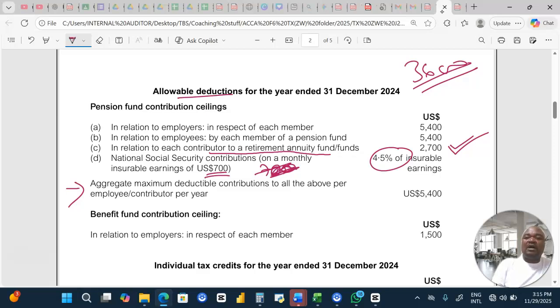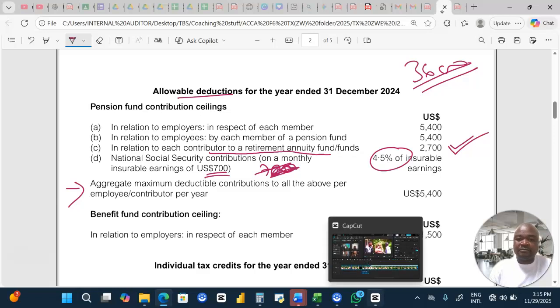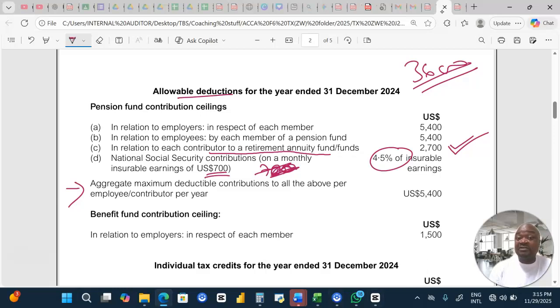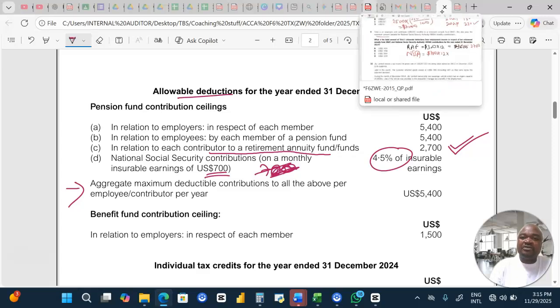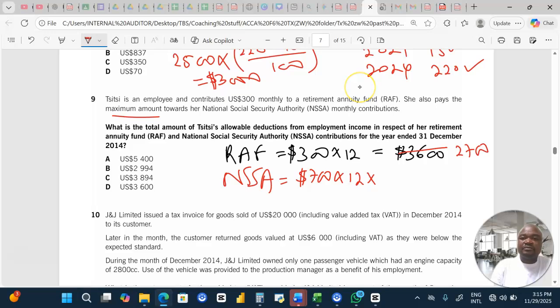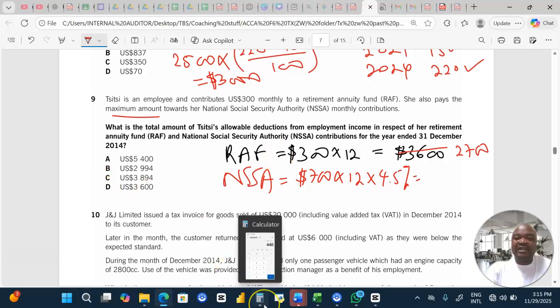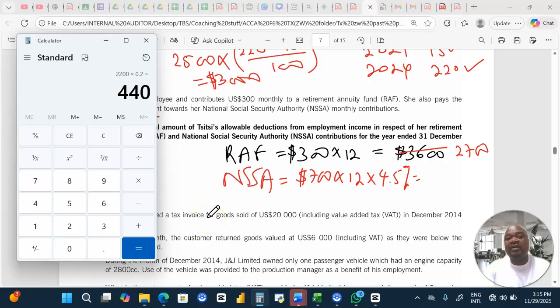Okay, so that's 4.5% on an income of $700. So we get back to our other sheet. Multiplied by 4.5%. And what do we get? This is a very, very small figure. And if you simply pick your 5,400, you will be thrown overboard.